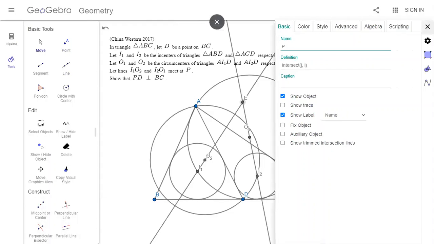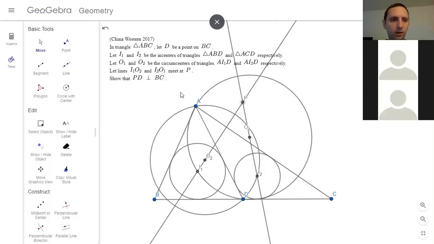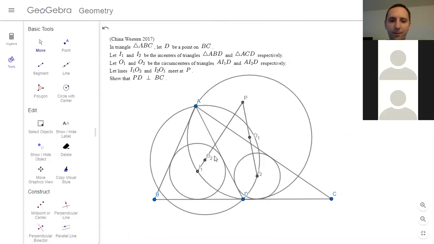All right. Let's see. Is that very random? This is a very weird configuration.